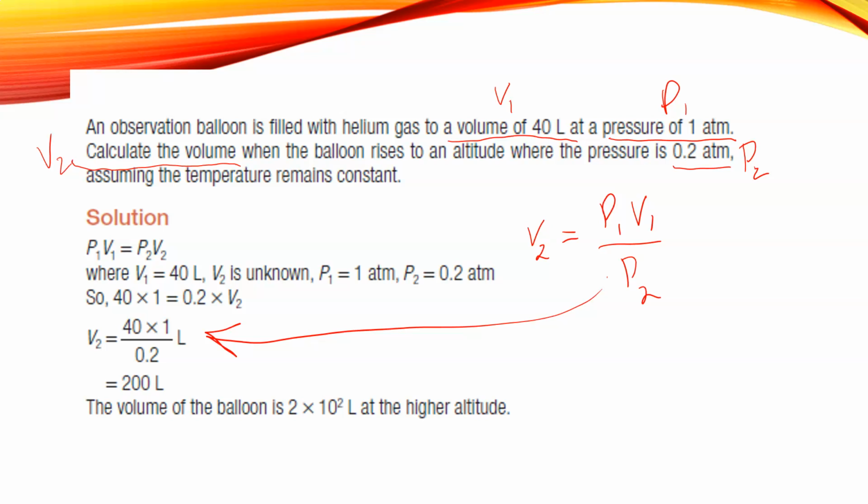We started off with a volume of 40 at a higher pressure, 1 atmosphere. The pressure has been decreased, so we expect the volume to increase. If you're good with ratios, you'll notice the pressure has decreased to 1/5 of its original value, so we expect the volume to be 5 times the initial volume.